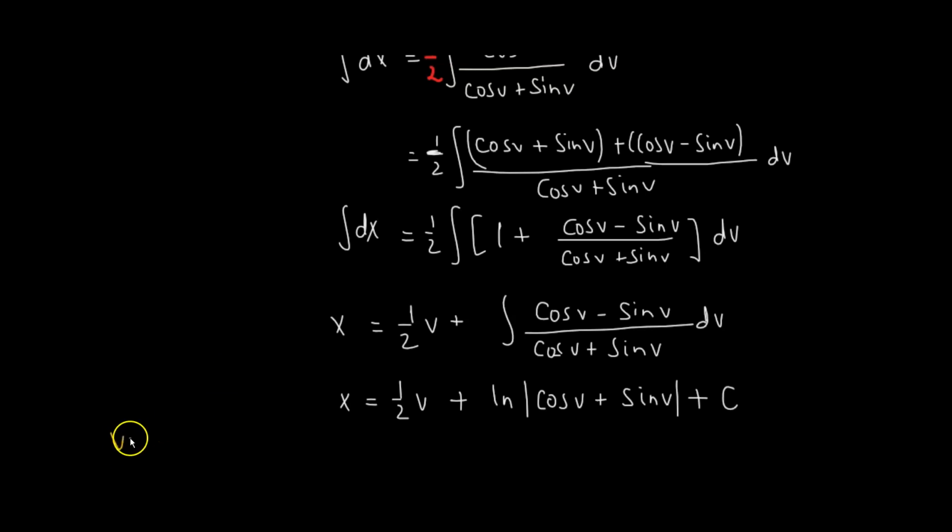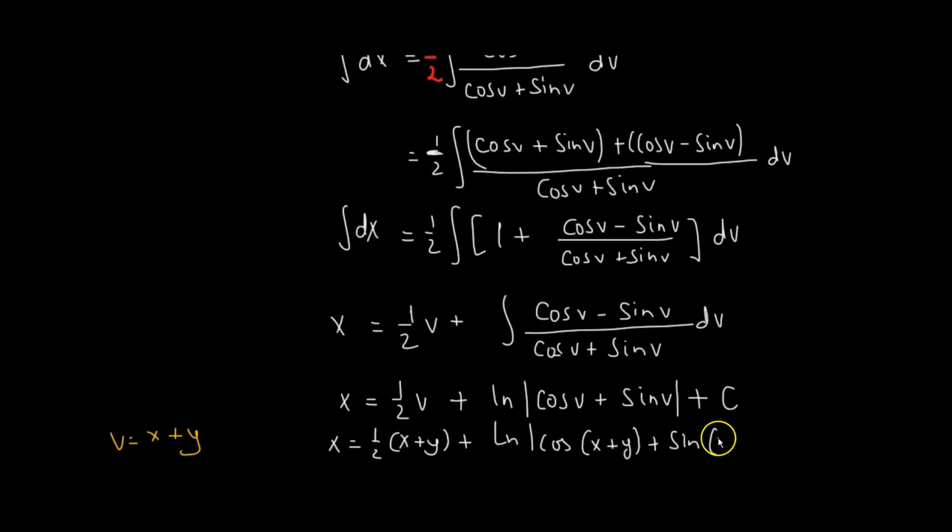So we used v equals x plus y. So that means x will be equal to half of v. So v is x plus y, plus natural log of cosine of x plus y plus sine of x plus y, plus the constant of integration c.